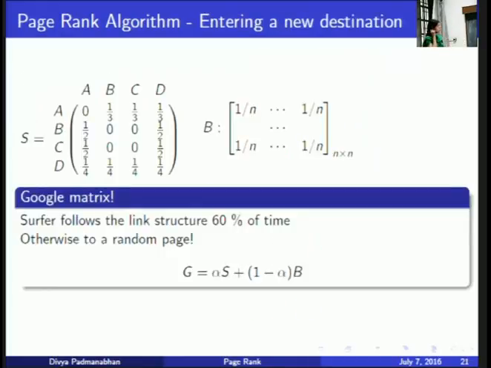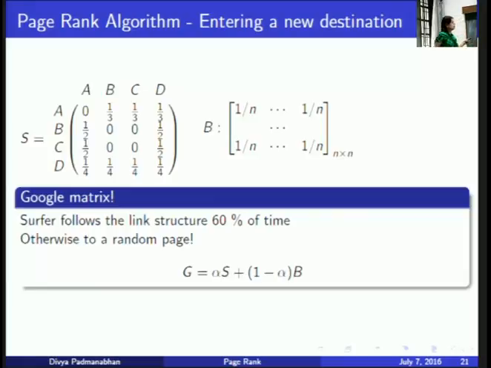So if you remember, initially in the behavior of the random surfer, there were two kinds. One is when he follows the link structure and the other is when he does some random jumps. You need to account for that also, which we have not taken care of till now. So you introduce one more matrix where every page is equally likely to be visited.